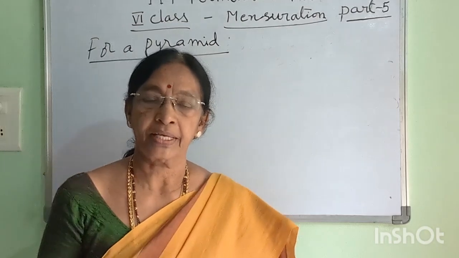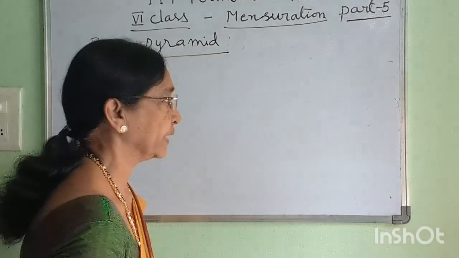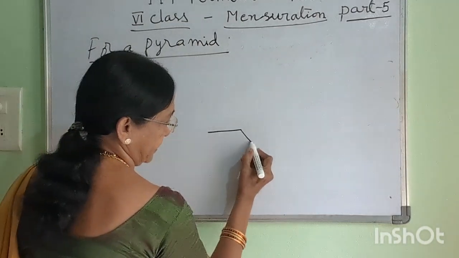For example, we take a hexagonal pyramid. The shape of the base is a hexagon.